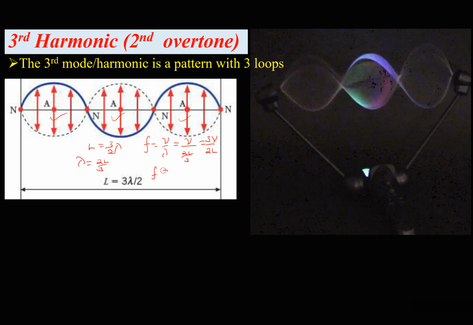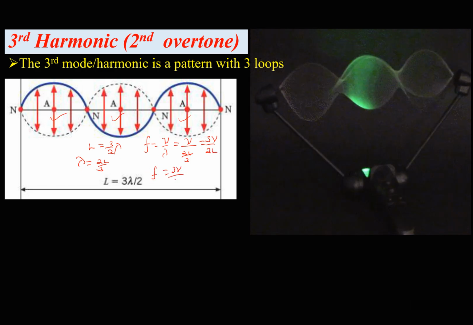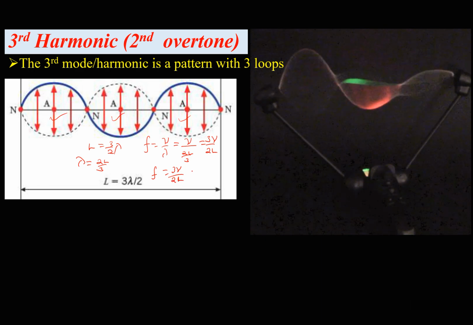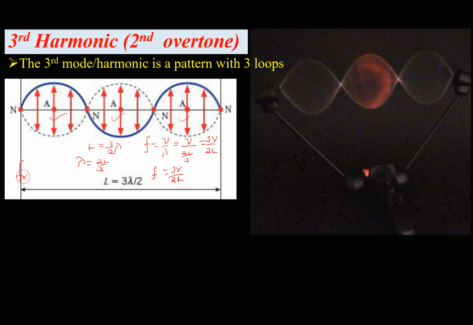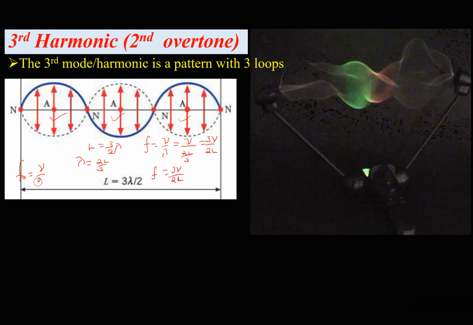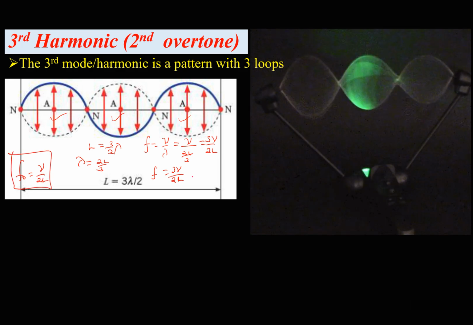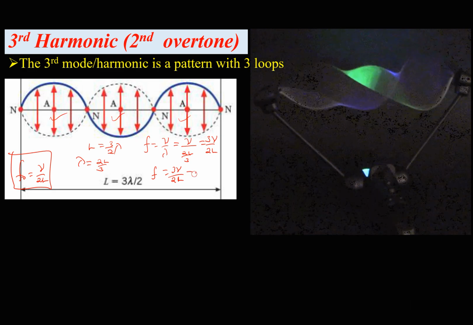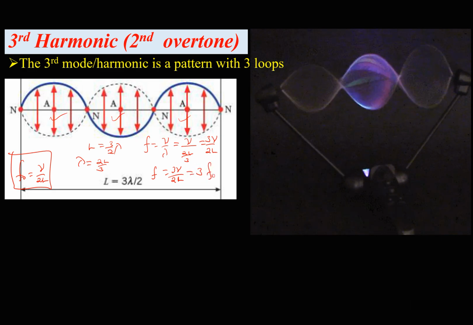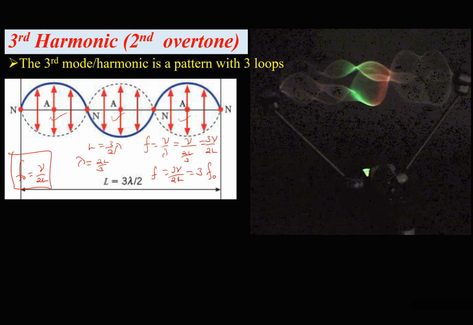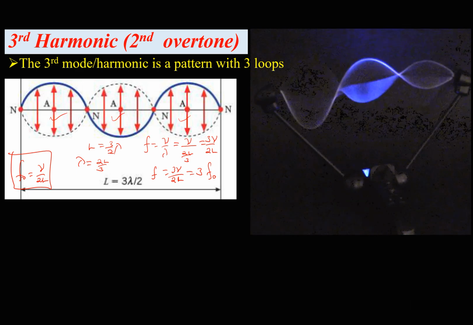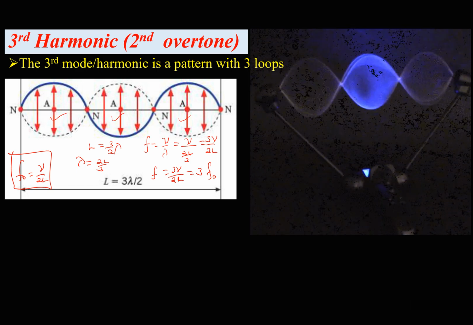So the frequency here is 3V divided by 2L. And remember, we got F0. The fundamental mode was V divided by 2L. So it's like we have multiplied the fundamental mode by 3. So this is the same as 3 times F0. So in that case, the frequency here is 3 times F0 for the third harmonic.